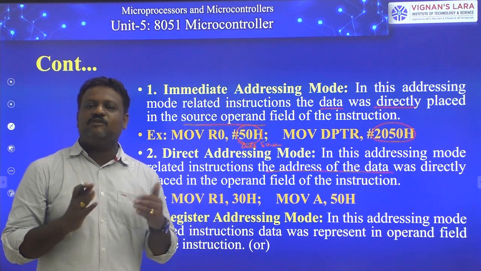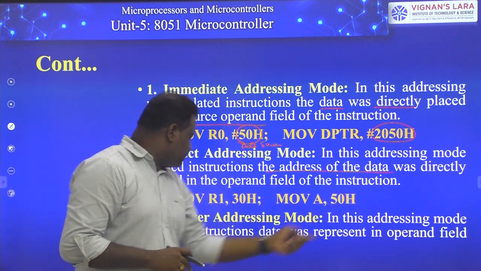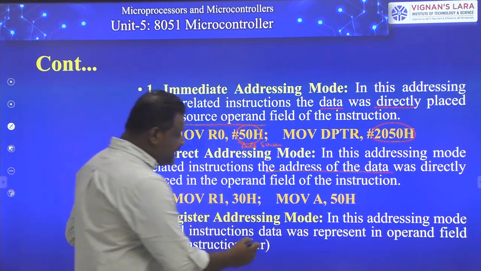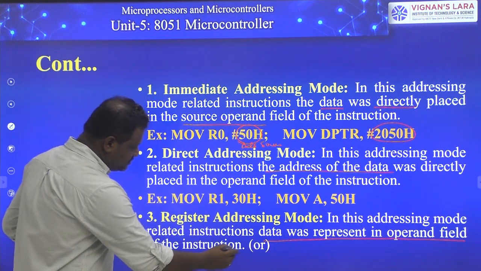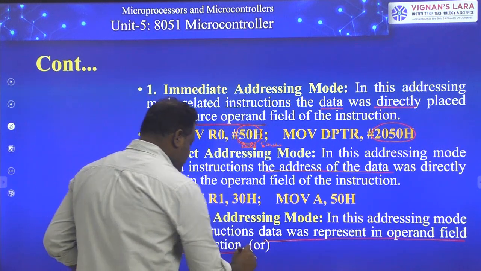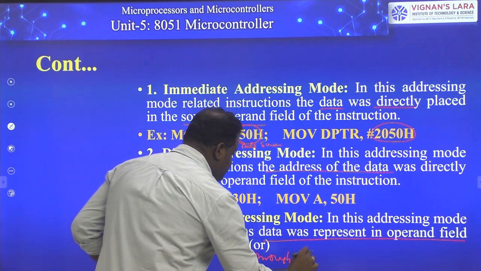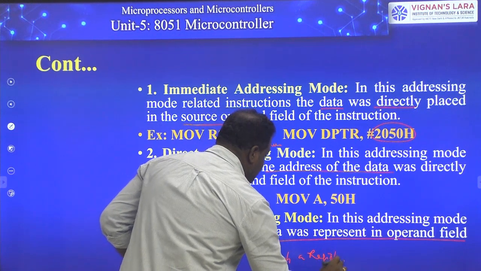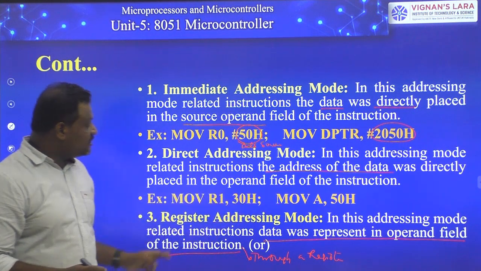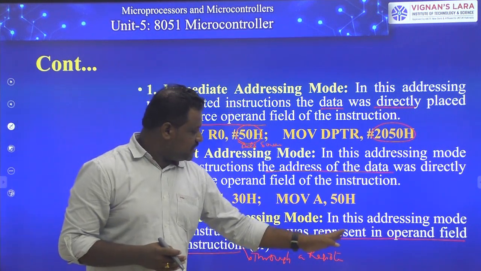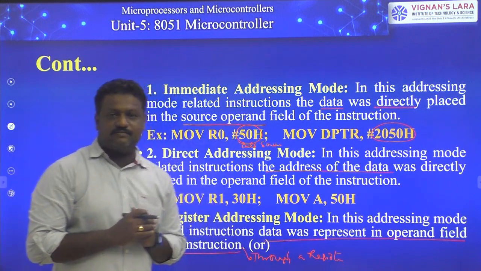In this addressing mode, the data is represented in the operand field of the instruction through a register. See here friends, in this addressing mode related instructions, the data is represented in the operand field of the instruction through a register.